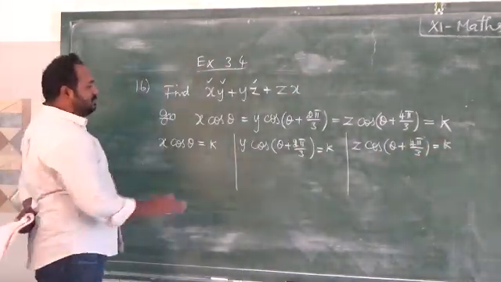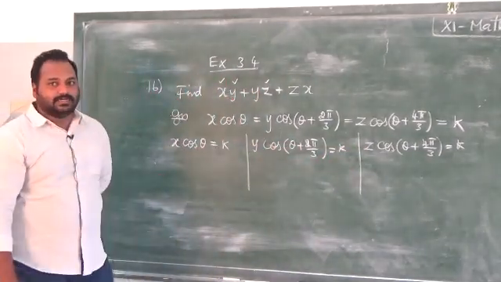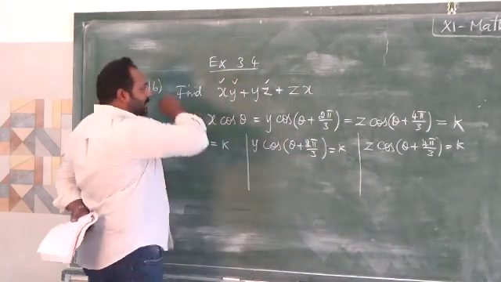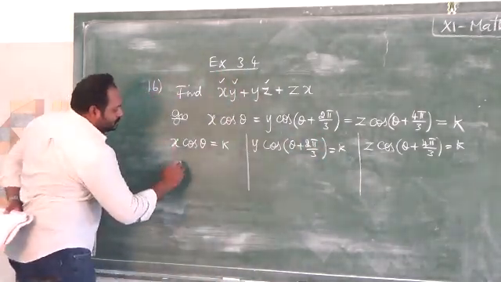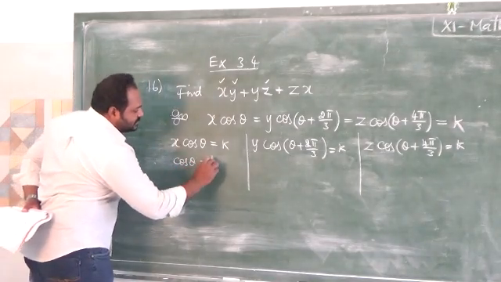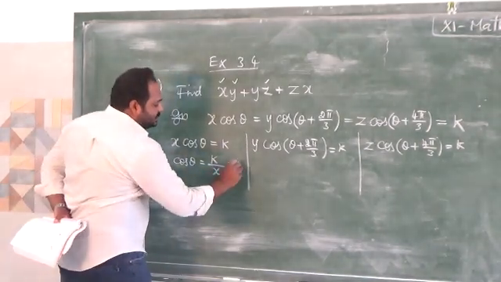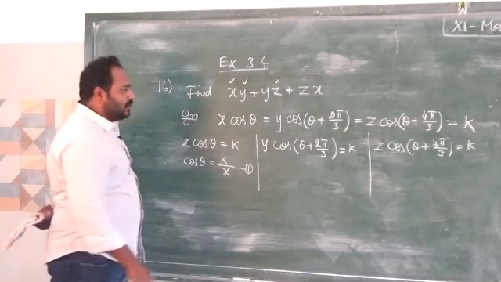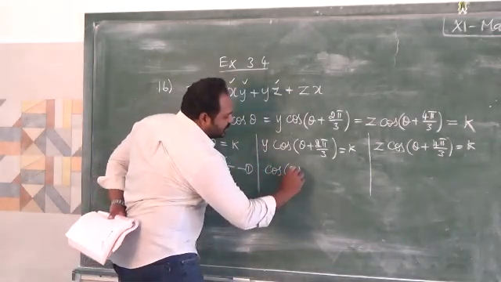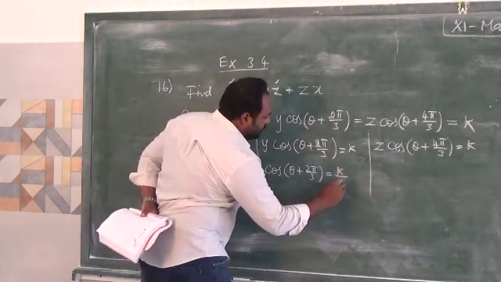If you separate like this, we have a possibility to find out the x value, y value and z value. Now cos theta equal to k by x, bringing this x to this side. Take it as 1. Now cos of (theta plus 2 pi by 3) equal to k by y.